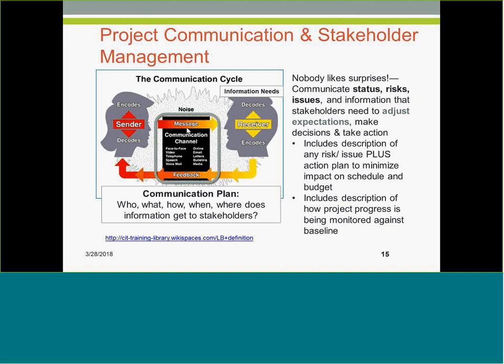So as we see here in project communication, our communication with our stakeholders really starts with us encoding, and decoding later on, of course, an idea and then getting the message across to our stakeholder. Our stakeholder has specific information needs, and then they decode our message. And here are our communication channels that can be face-to-face, email, letters, voicemail, that kind of thing, right?